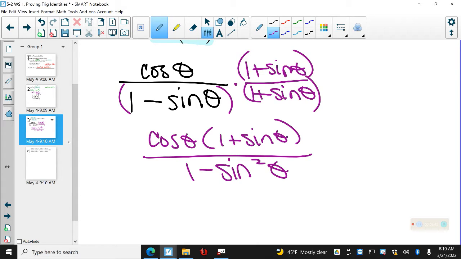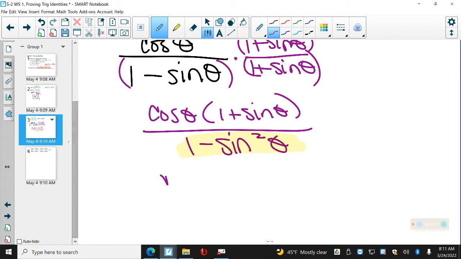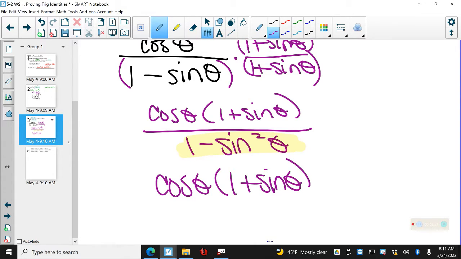What is 1 minus the sine squared of theta equivalent to? So I'm going to take this right here and I'm going to say, hey, that is one of my Pythagorean identities. So I recopy the top and I'm going to sub in cosine squared of theta. Yes? Now what?